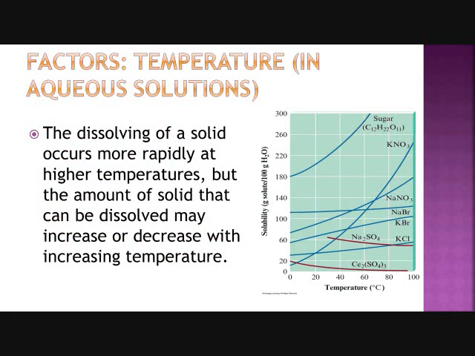Another factor that will affect your solubility is temperature. The dissolving of a solid occurs more rapidly at higher temperatures, but the amount of solid that can be dissolved may increase or decrease depending on temperature. So this graph is on page 520 in your textbook.